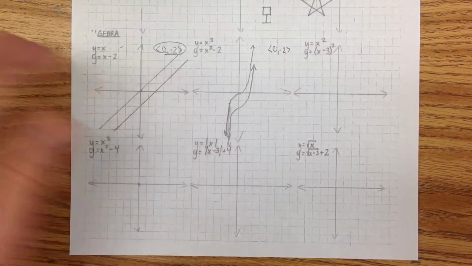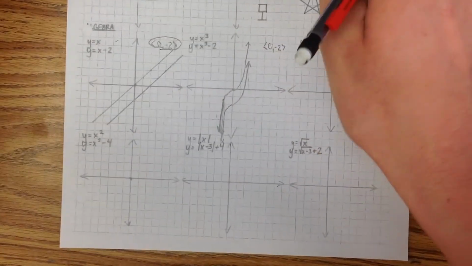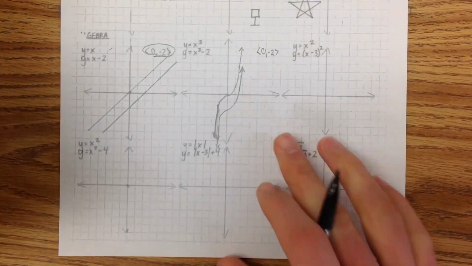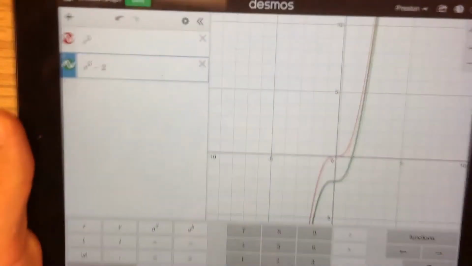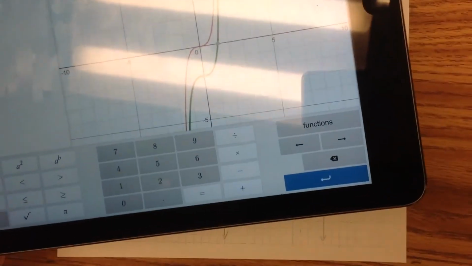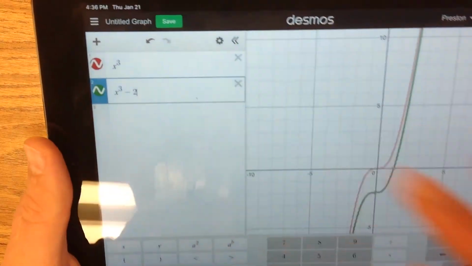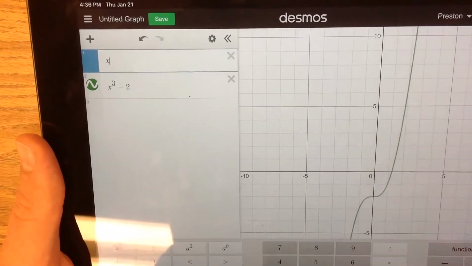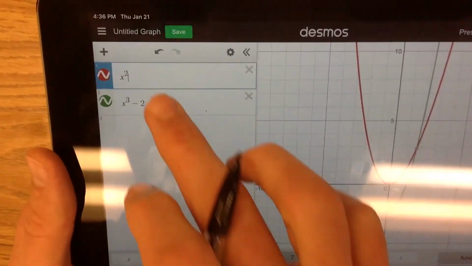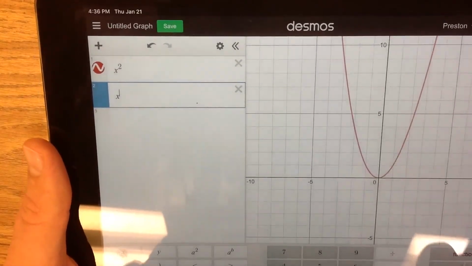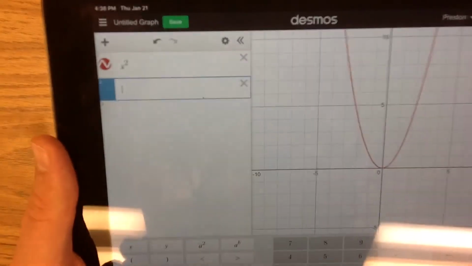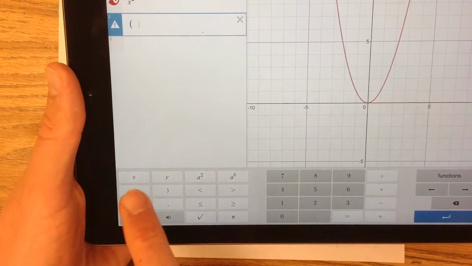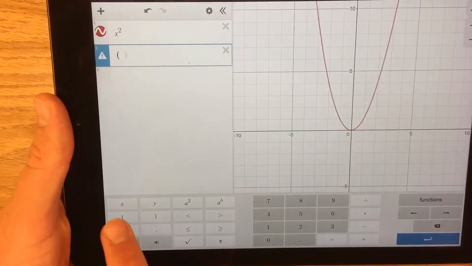All right, let's do this one. Let's plug in x squared and x minus 3 squared. Need parentheses, so parentheses are right here.